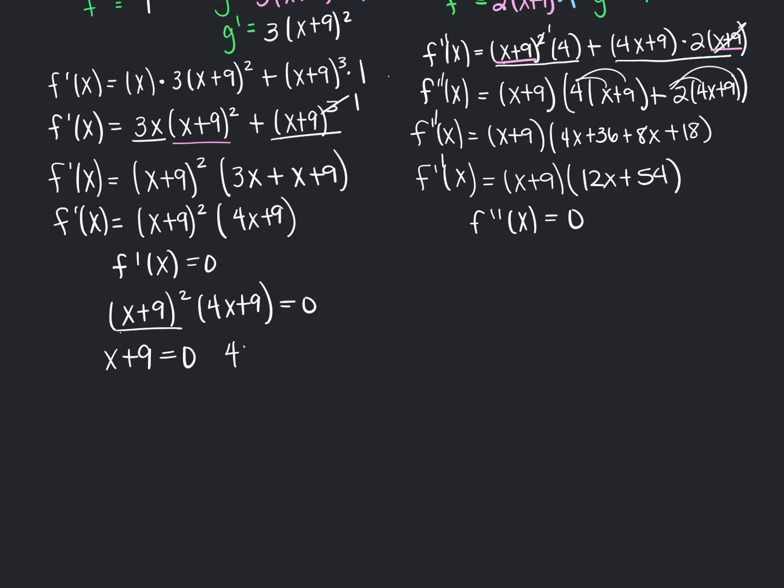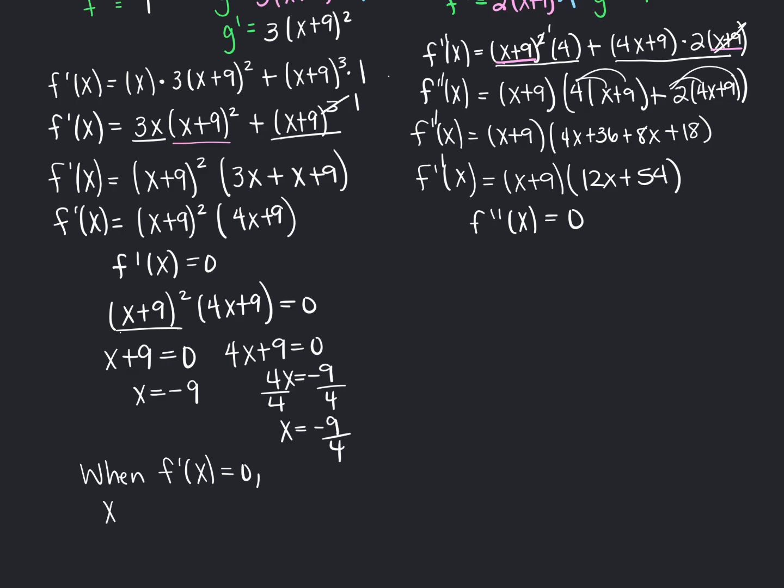And then I have this 4x + 9 equals 0. So x is equal to negative 9 when I subtract 9 from both sides. On the second one, I'll have 4x equals negative 9. When I divide both sides by 4, I get x equals negative 9/4. So when f prime of x equals 0, x is negative 9 and negative 9/4.